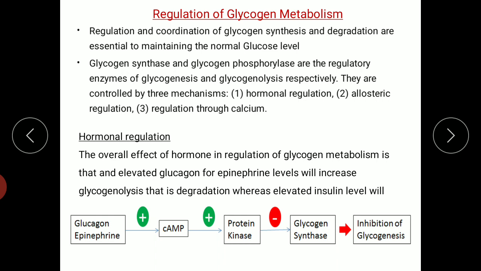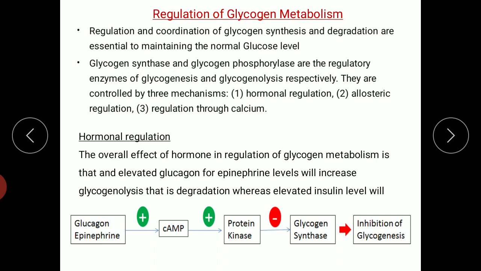Glucagon and epinephrine will positively act on cyclic AMP. They will promote the formation of cyclic AMP that occurs by activation of an enzyme called adenyl cyclase, which converts ATP into cyclic AMP, and those details are not included here. You just remember that glucagon and epinephrine will increase the synthesis of cyclic AMP.